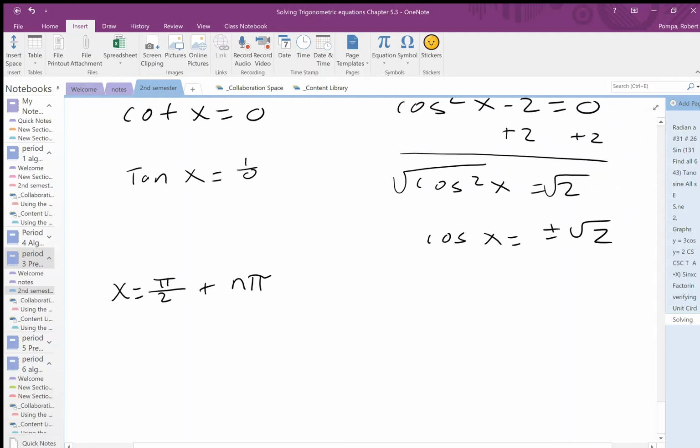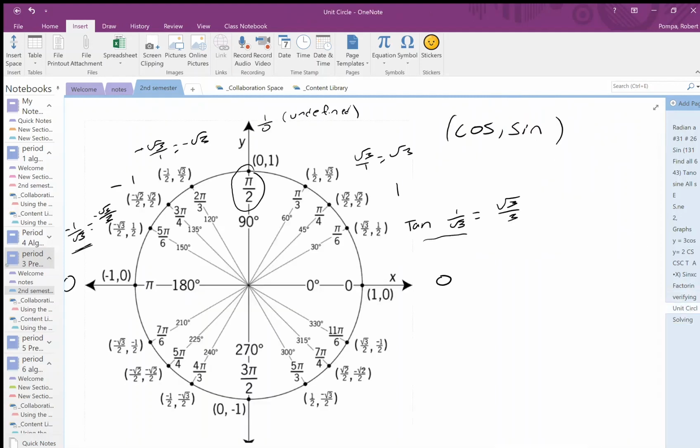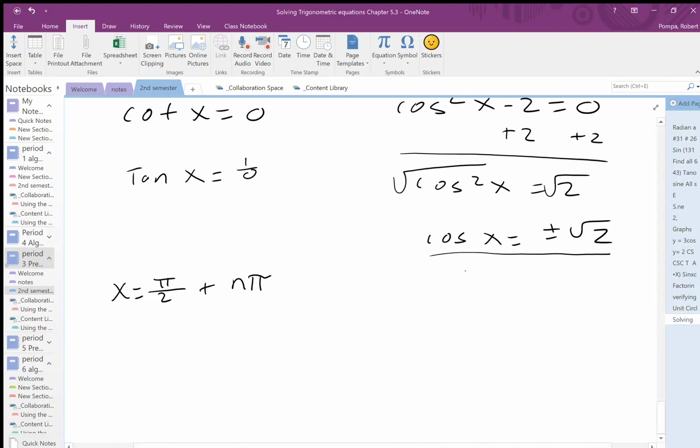Now cosine of, where's cosine equal to square root of 2? And if you look on our circle, there is no square root of 2 anywhere. So this one has no answer. Okay, this has no answer.